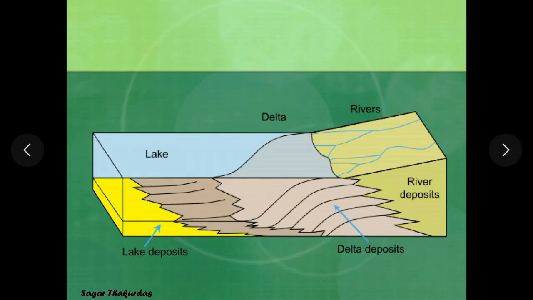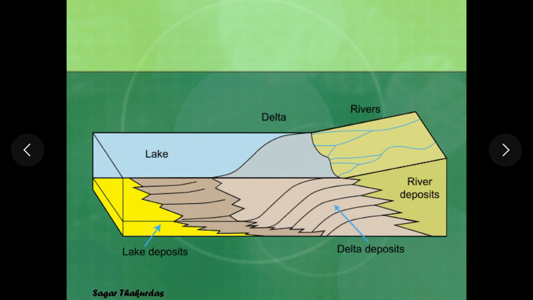Now this you have seen previously also, just to remind you that when a delta is forming, you see three different parts: the delta plane on the top, and this is how the stacking of delta front sand takes place, and at the bottom you get pro delta mud.